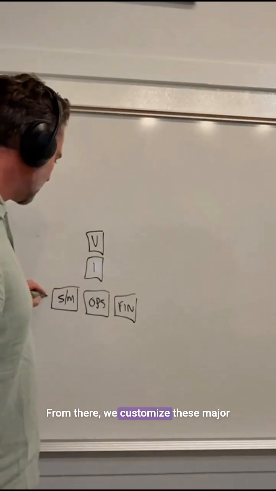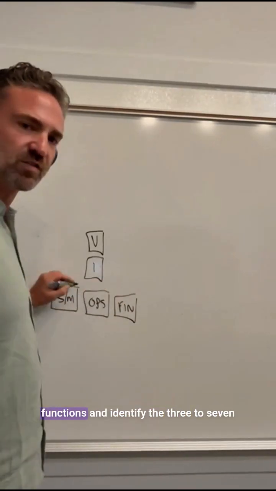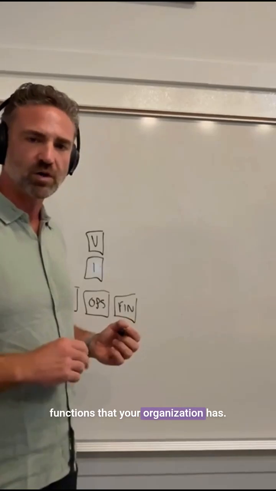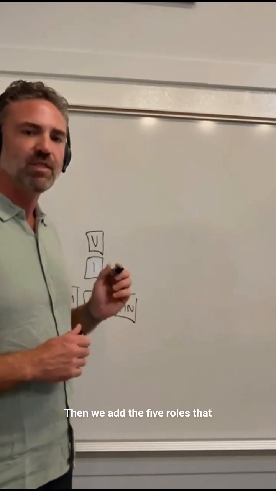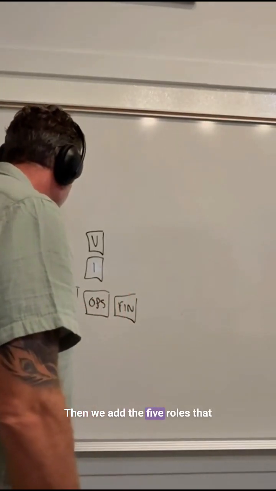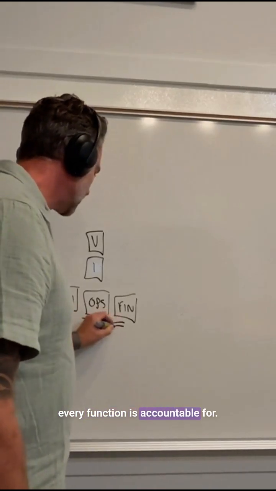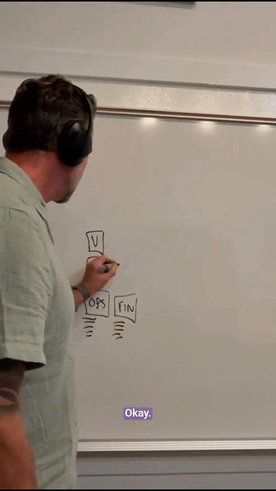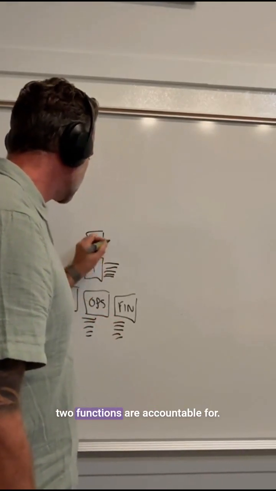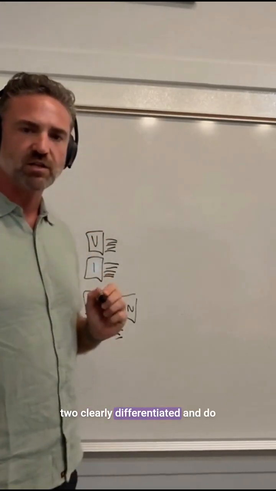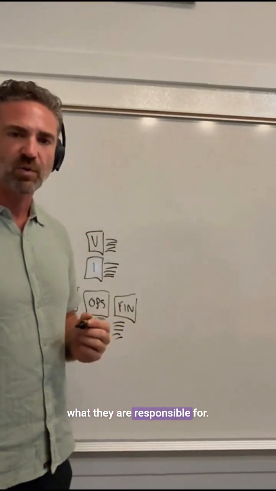From there, we customize these major functions and identify the 3 to 7 functions that your organization has. Then we add the 5 roles that every function is accountable for, okay? We add the 5 roles that these 2 functions are accountable for, because we want to have those 2 clearly differentiated into what they are responsible for.